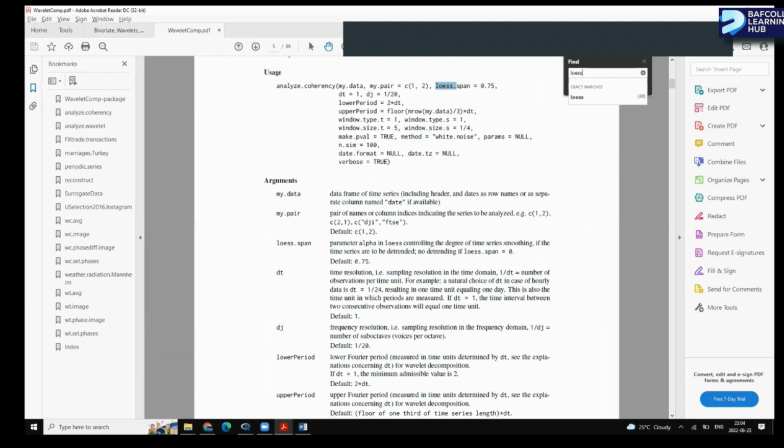No detrending if lowess equals 0. Default is 0.75. Okay, so we can put 0.75, or if you remove it, it will detrend. For your series, we said we want to detrend, so let's put 0.75 there.